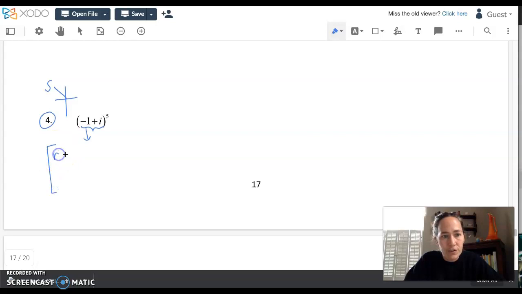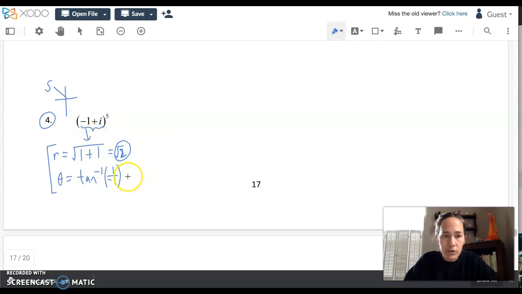Let's get r first. r is going to equal the square root of x squared plus y squared. So x squared, negative 1 squared, is a 1. Plus y squared, a 1 coefficient squared, is another 1. You get r is the square root of 2 for a modulus. For theta, we need to use the definition of tangent. Theta is going to equal the inverse tangent of y over x, so 1 over negative 1.